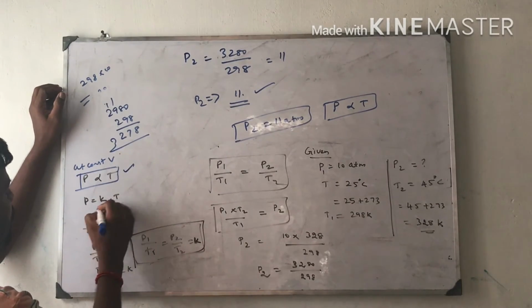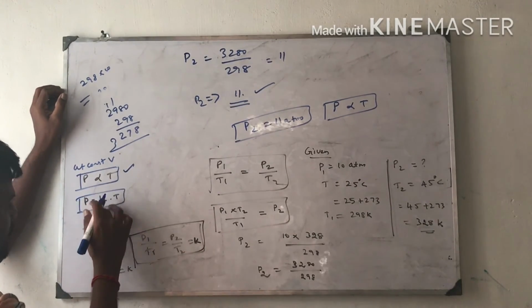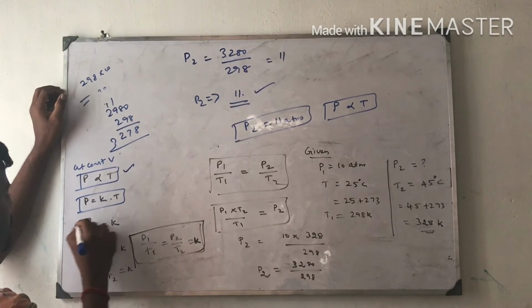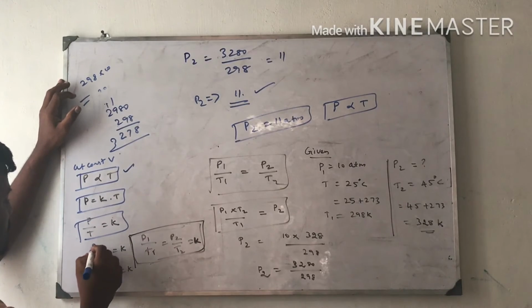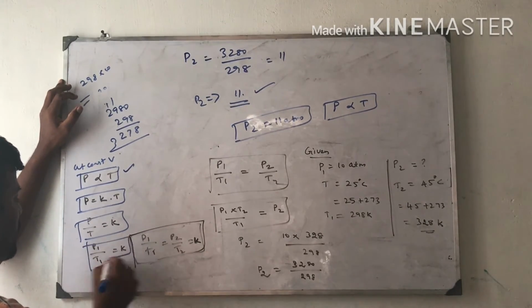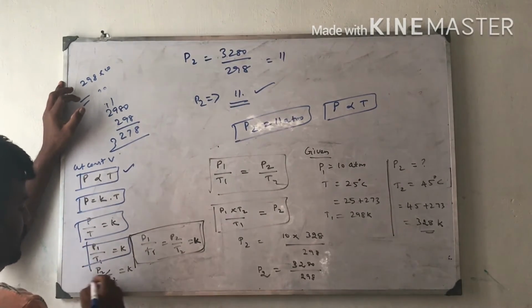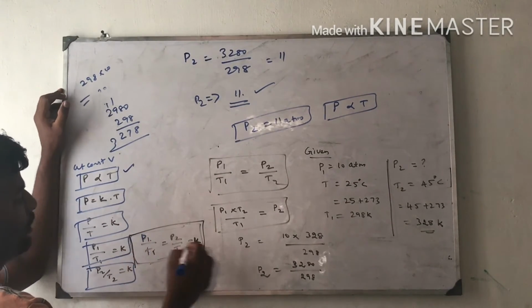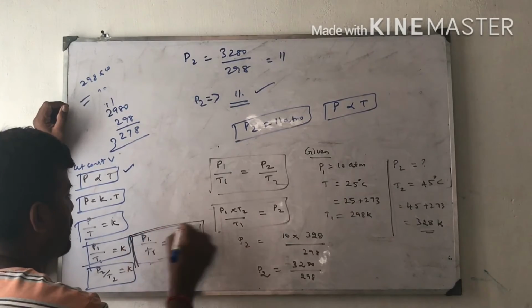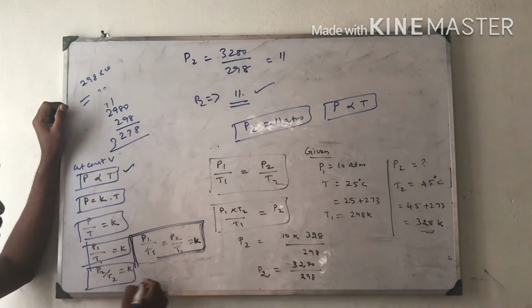P is equal to K into T, K is a proportionality constant, so P by T is equal to K. Suppose initial pressure P1 and temperature T1, P1 by T1 is equal to K. Final pressure P2 by T2 is equal to K. Comparing these two, P1 by T1 is equal to P2 by T2 is equal to K, because all are equal to a constant.